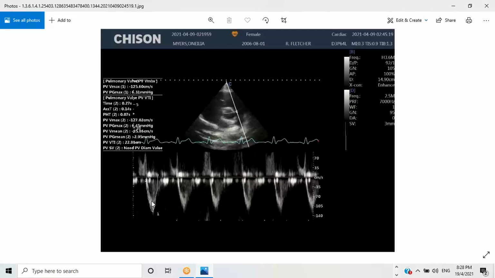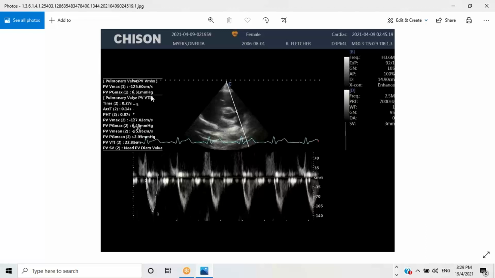Again, systolic flow, normal flow across the pulmonary valve, and we trace the borders of the envelope, and it will give us the velocity, because velocity is on the vertical axis and time is on the horizontal axis.